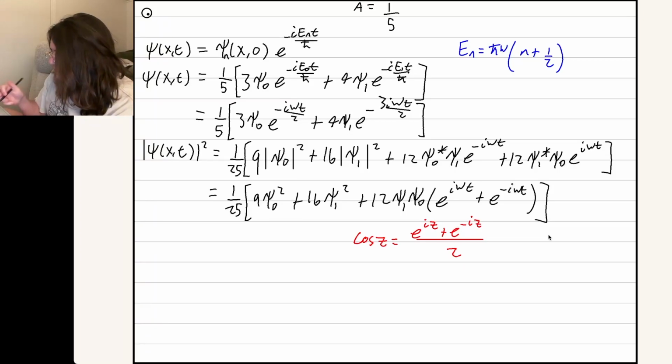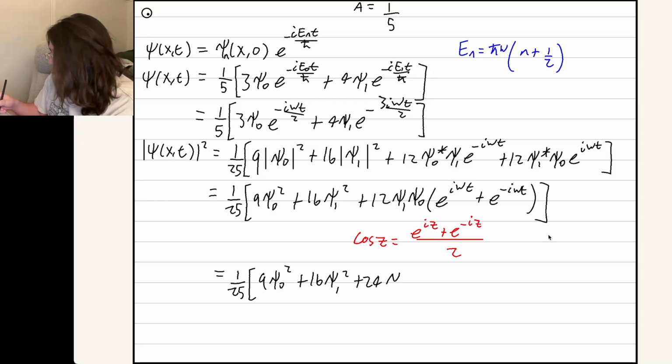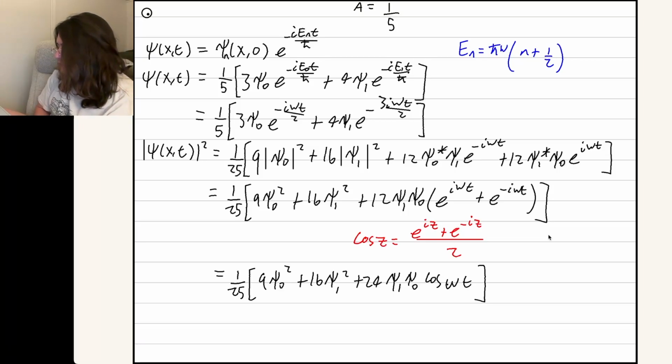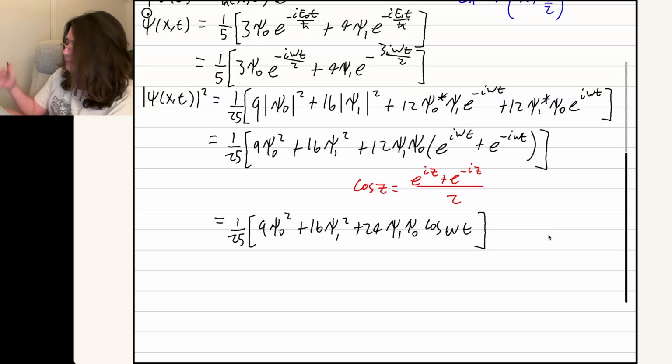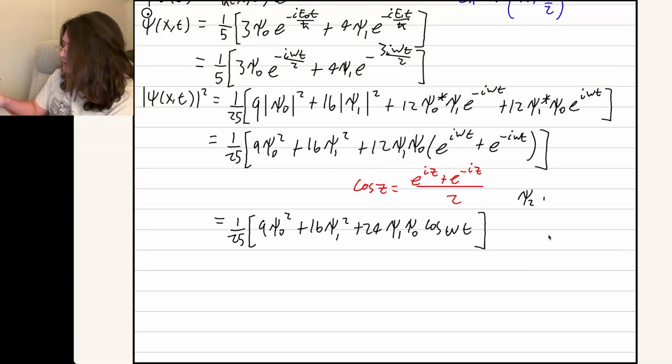And throw that in, and so we get 1 over 25 times 9 psi 0 squared plus 16 psi 1 squared plus 24 psi 1 psi 0 cosine omega t. So we found that the square modulus oscillates with a frequency equal to the classical frequency for the harmonic oscillator. But Griffiths points out, what if we were looking at psi 2 instead of psi 1?